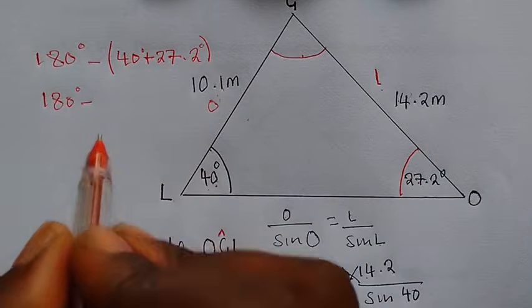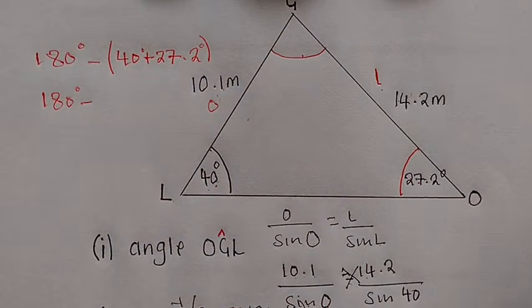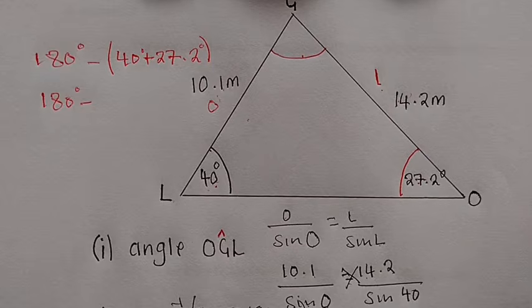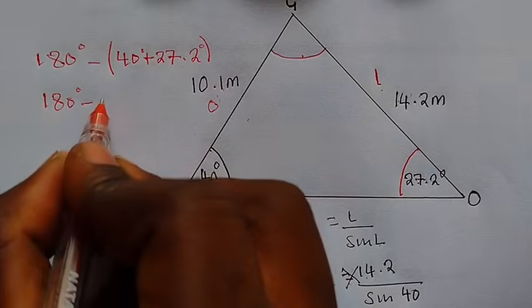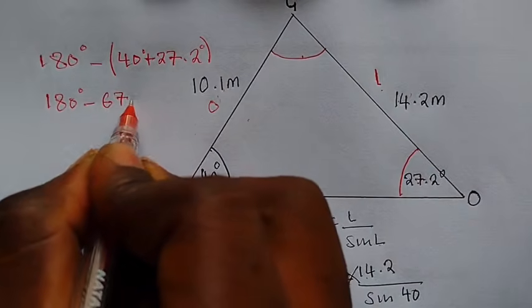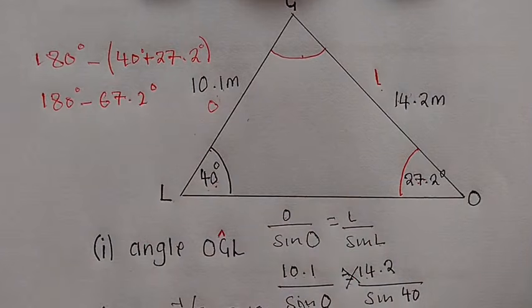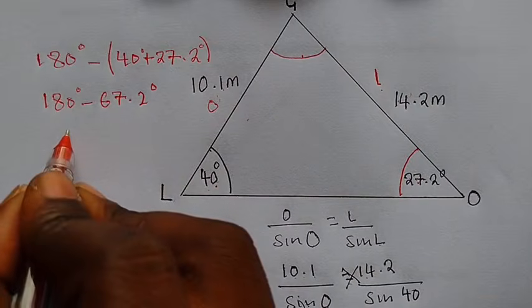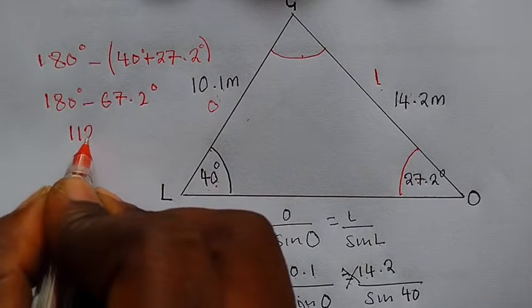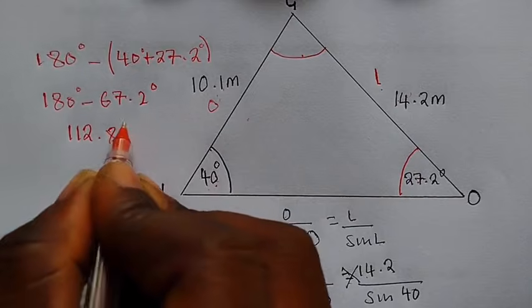Here it is just a matter of adding 40 plus 27.2. We are going to have 67.2 degrees. So 180 minus 67.2 is going to give us 112.8 degrees.